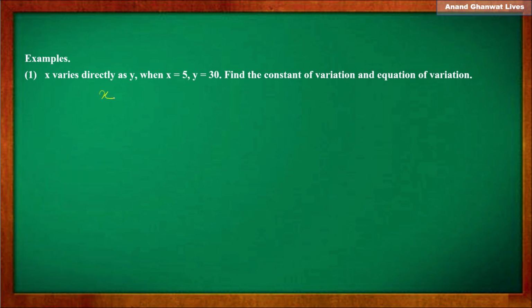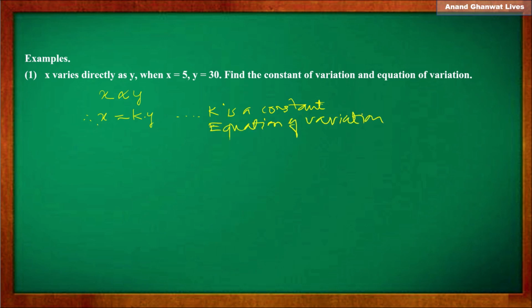X varies directly with Y, and therefore X is equal to K into Y, where K is a constant. We have been given X is equal to 5 and Y is equal to 30. So put those values in the equation of variation.